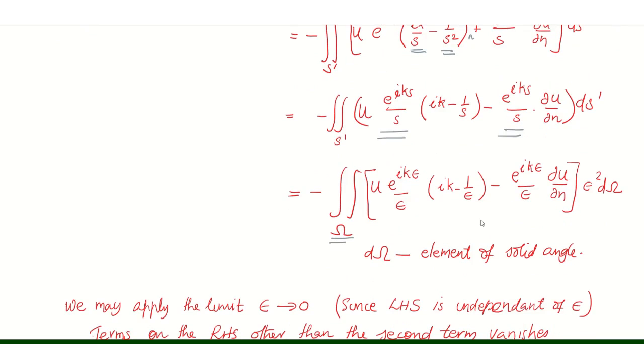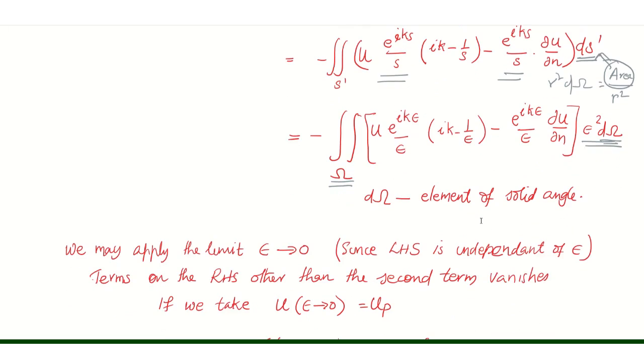In terms of the solid angle, you get e to the power ik epsilon by epsilon, ik epsilon times the area element in terms of solid angle on this surface. What is solid angle? Omega is area divided by r square, and therefore area ds is r square d omega, and that's what you have written here, epsilon square d omega.